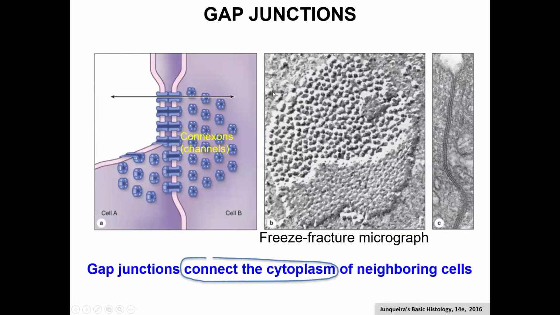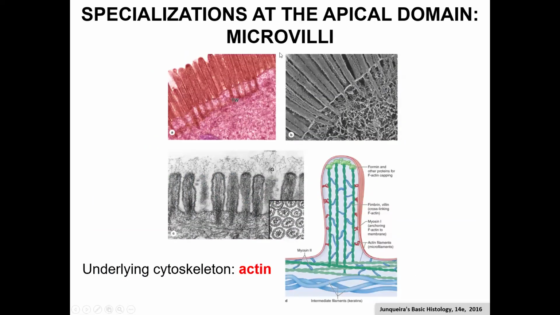These are the gap junctions. A nice drawing. This is a freeze fracture micrograph that shows you that the gap junctions contain all these channels, the connexons, through which they are the only ones that connect the cytoplasm of the neighboring cells.